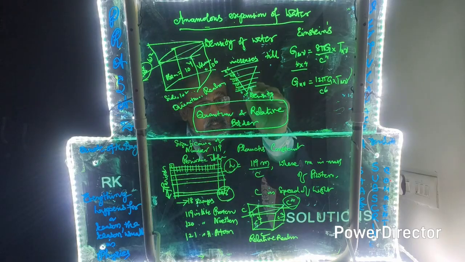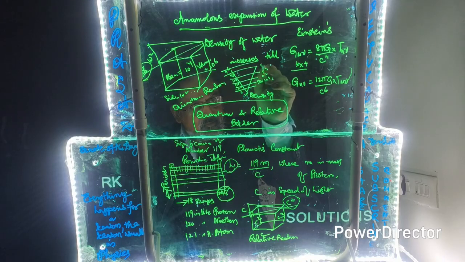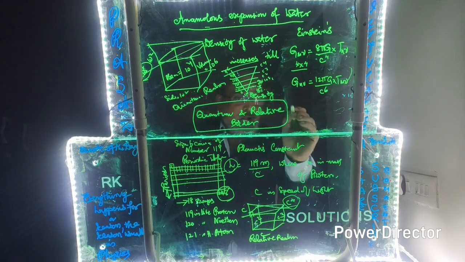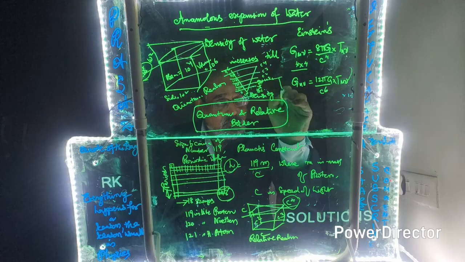Here I associate this with 3 into 10 raised to 8, that is c square, c cube, c4. Root c, fourth root c. That is how I envision the quantum world. Till here, it is the quantum world.